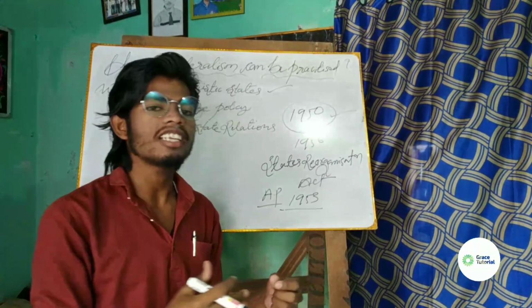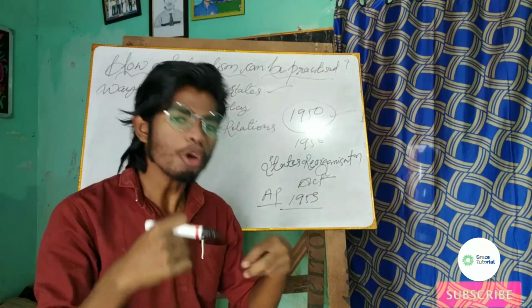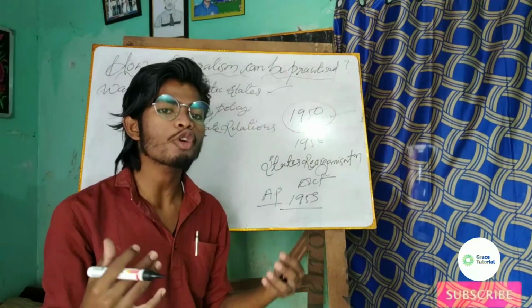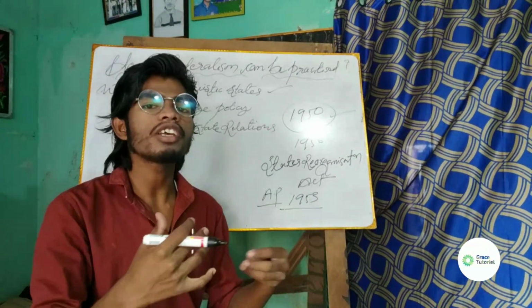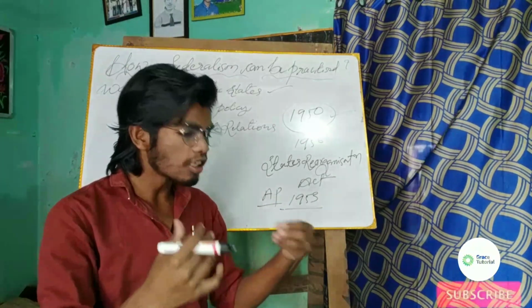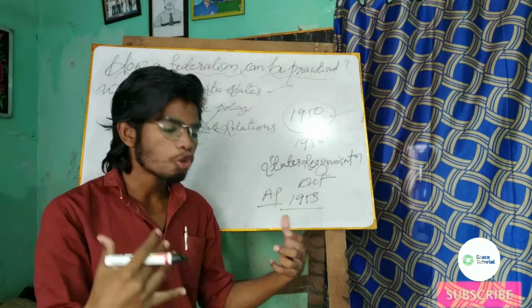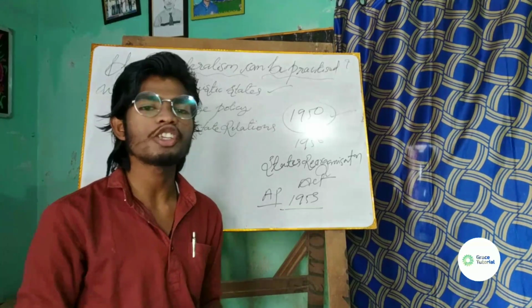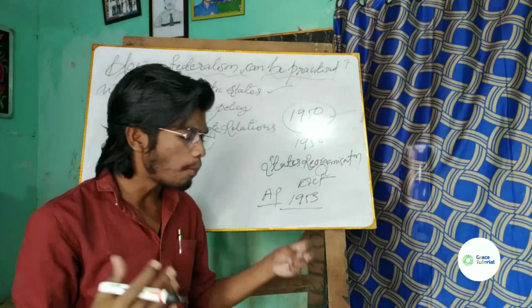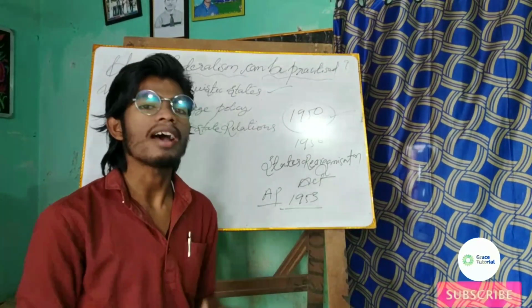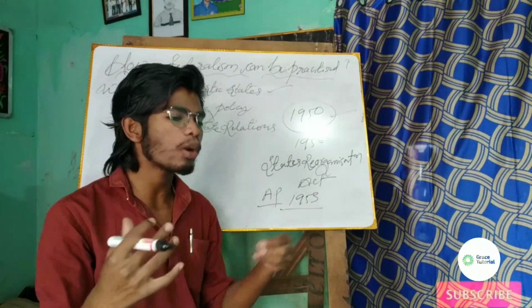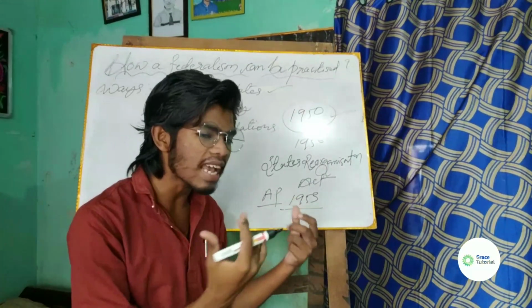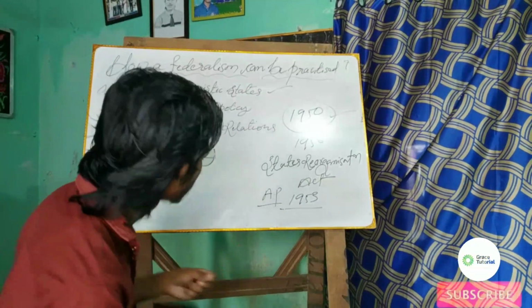But there are some states which were created not only on the basis of language, but also to recognize their ethnicity, their culture, their beliefs, etc. What are these states?